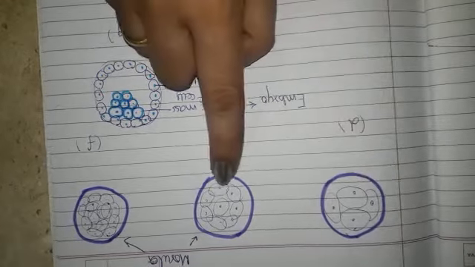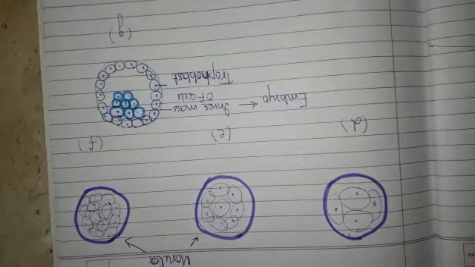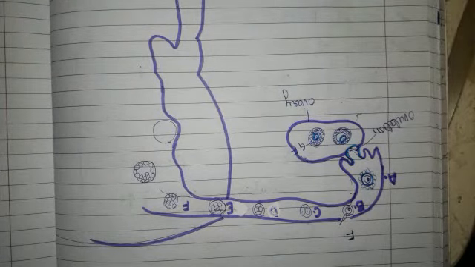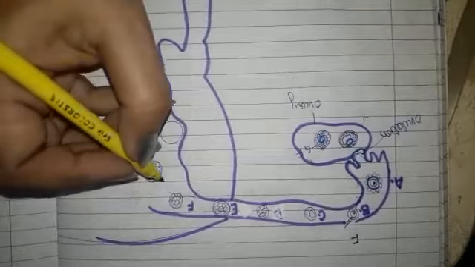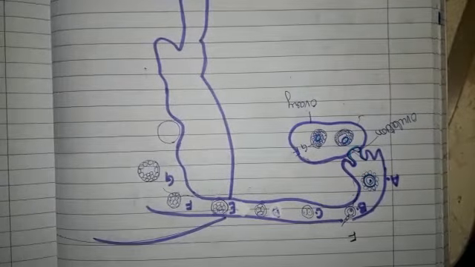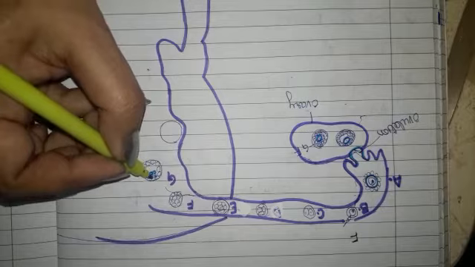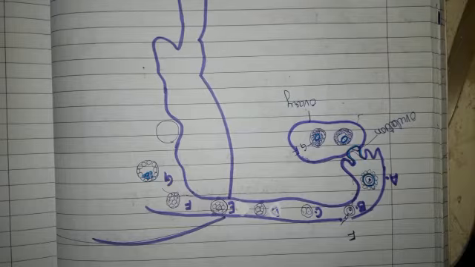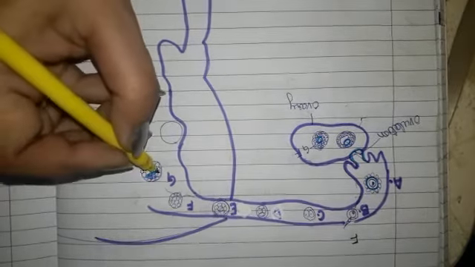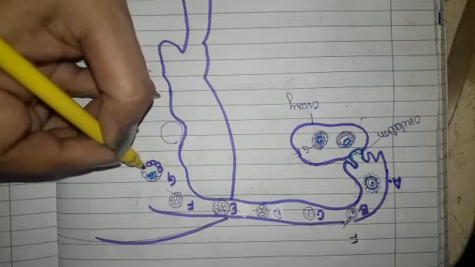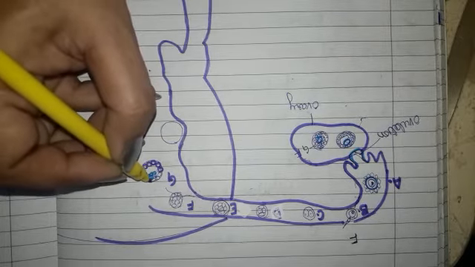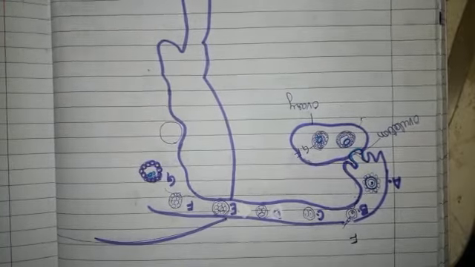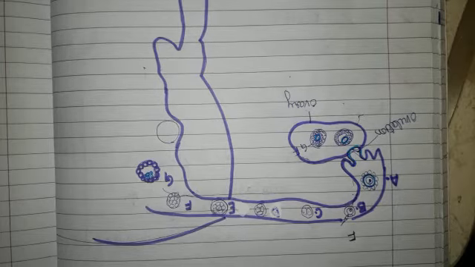After the 4, 8, 16 cell stages divide, then this is the next. So in this stage it reaches here. This is A, B, C, D, E, F, and this is the G stage with this inner mass of cells and the outer layer of cells, that is the trophoblast cells. This is the outer layer. Now this structure will get embedded in the wall of the uterus.